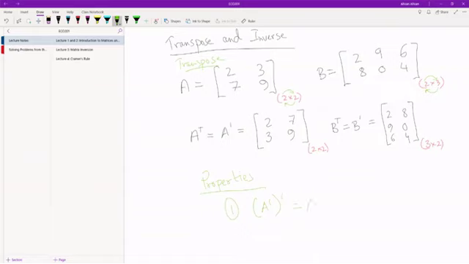And that should be obvious. If we take this and we take its transpose again, we'll go back to A. Similarly, if we take this and take a transpose again, we'll go back to B.